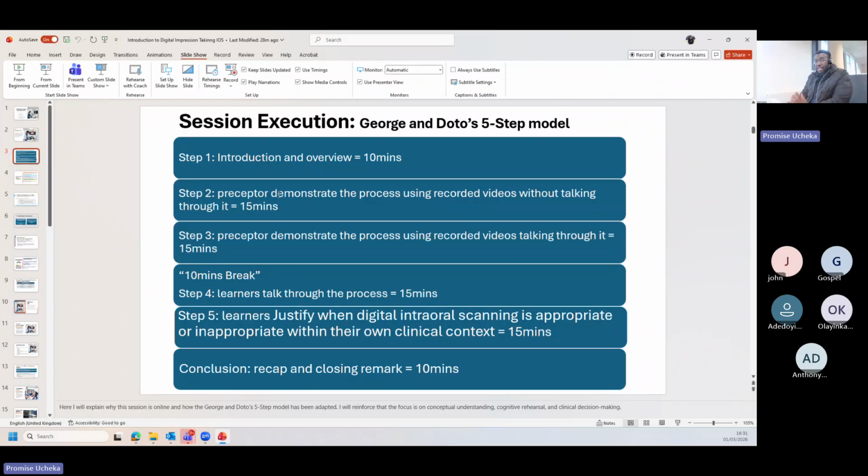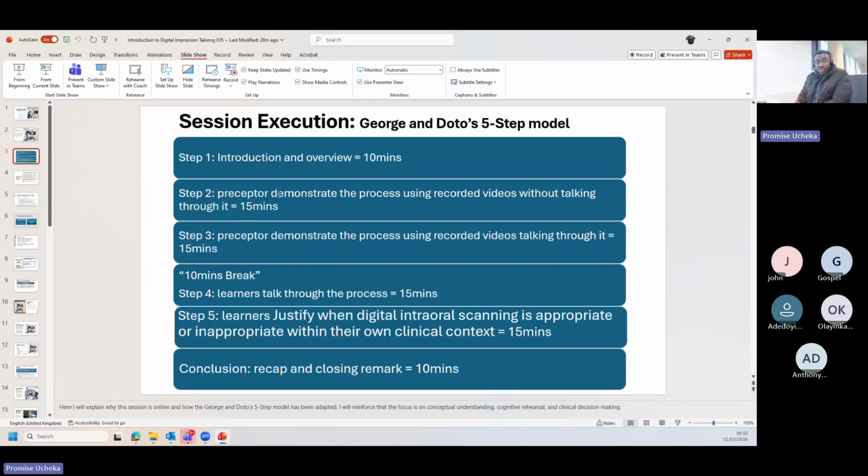Originally we designed this session to be face-to-face and hands-on, but due to logistical issues and resource limitations, we decided to run the first session online to give the introduction and then see what happens next. The third step will be where you watch recorded videos, with some explanations from me through the video, and then we'll observe a 10-minute break.